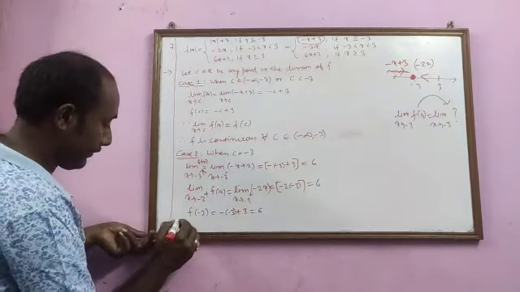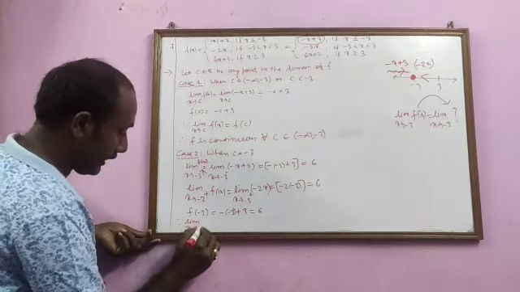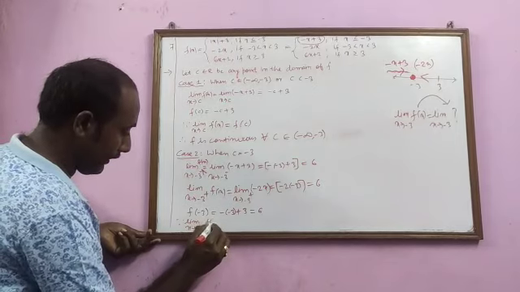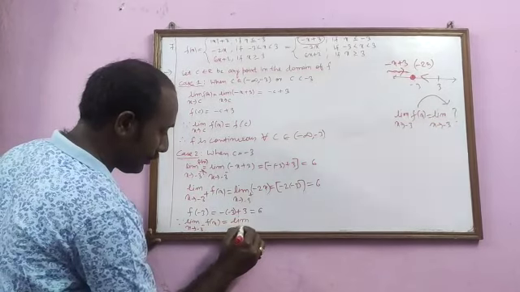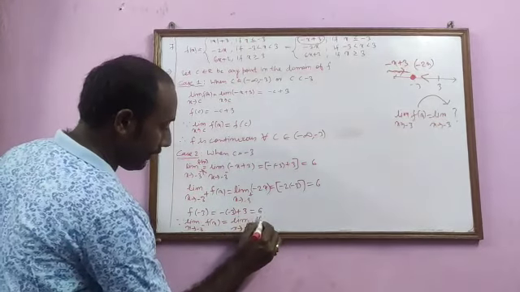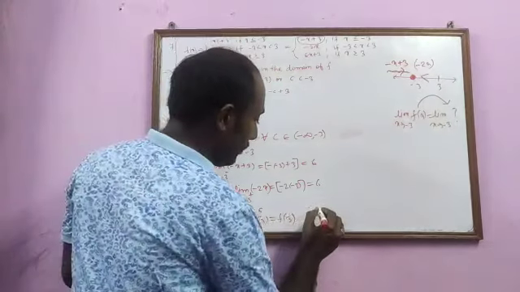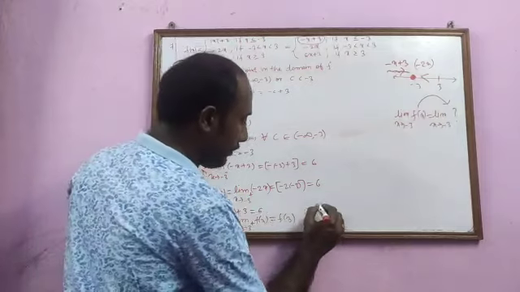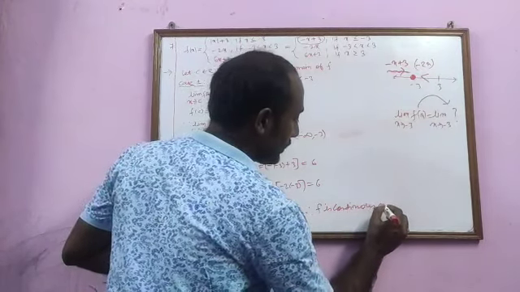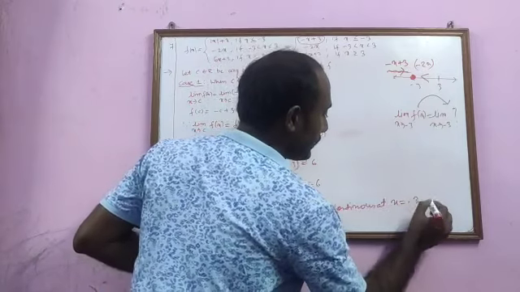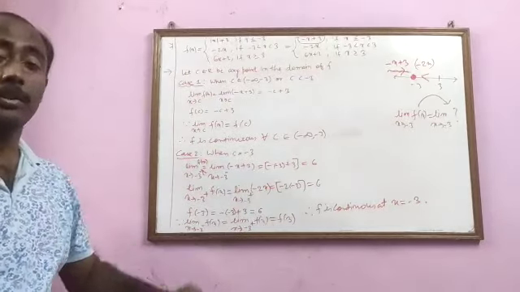So here we write that since limit x tends to minus 3 minus of f(x) is equal to limit x tends to minus 3 plus of f(x) is equal to f(minus 3). Therefore, just below this you will write, therefore f is continuous at x is equal to minus 3. So this is how to write for case 2.